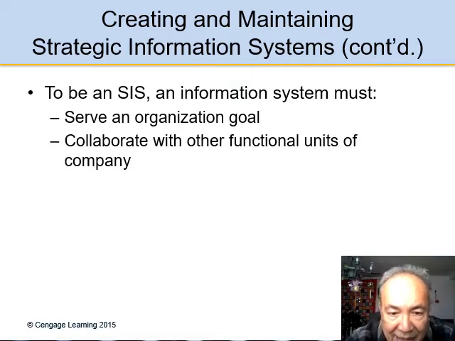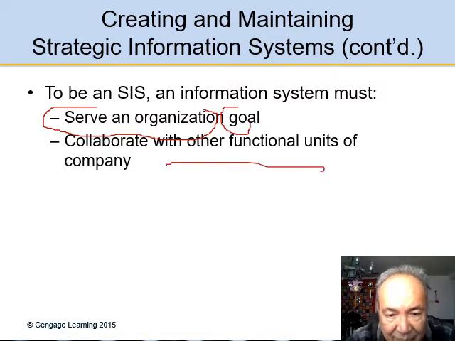To be an SIS, an information system must serve the organization's goal, okay, and collaborate with other functional units of the company like marketing, finance, accounting. So they all work together in having a centralized information storage, or where can I get all this information?